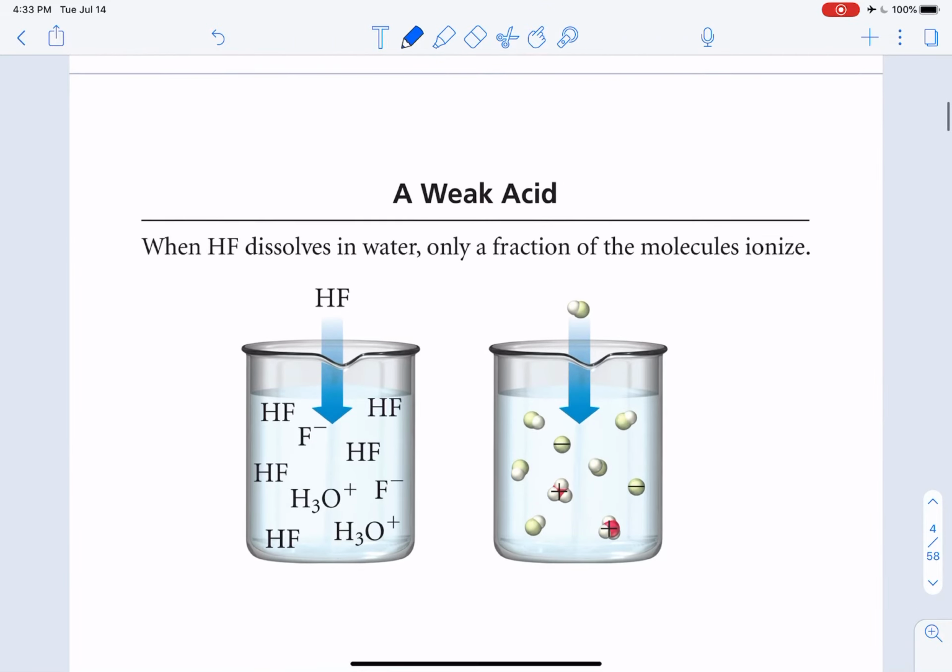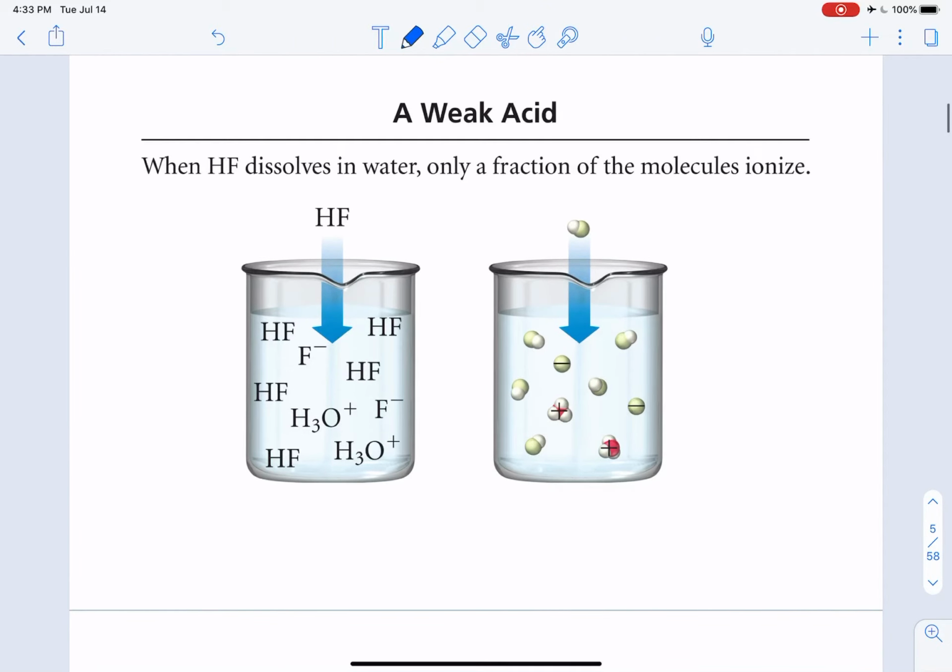So what does a weak acid look like if we put it in a drawing? Well, HF is a weak acid. So that's hydrofluoric acid. So we can write the equation like this. So we've got hydrofluoric acid in water. So you guys can see you're putting it in some water. And it's a weak acid. So not all of it is going to come apart.